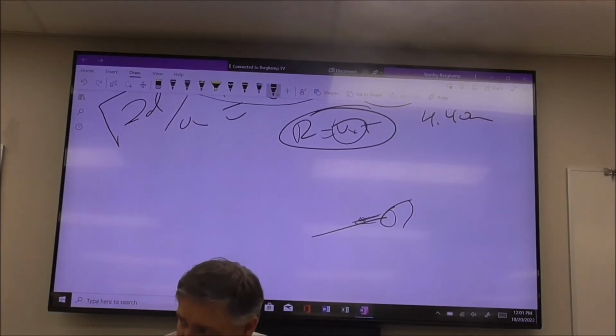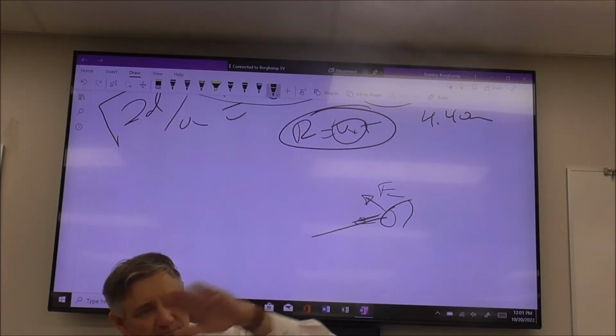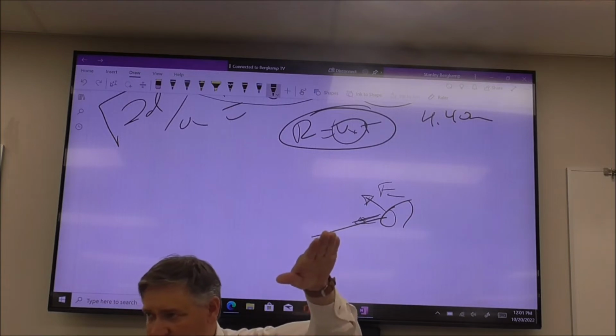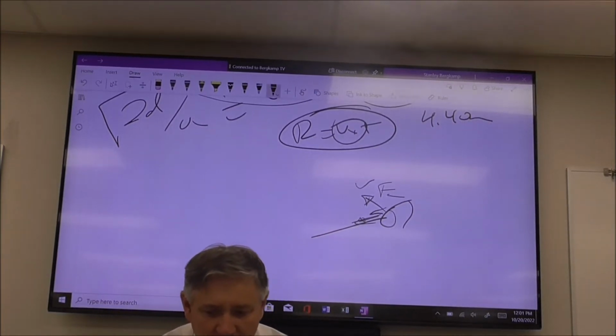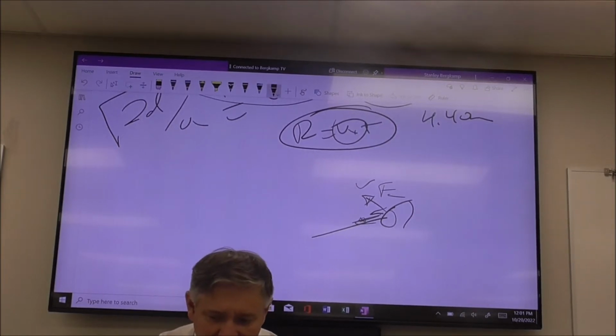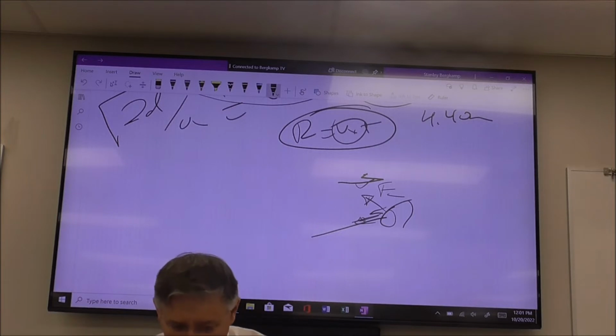Something is providing an inward force, and that force is at a right angle to the motion of the stopper. Okay, so it's always inward and at a right angle to that instantaneous velocity vector, because that's the direction that it always wants to go. Okay, so there's 2 parts, inward at a right angle.